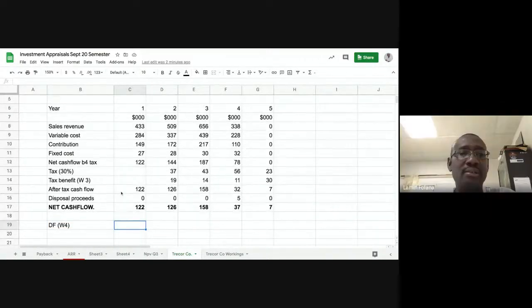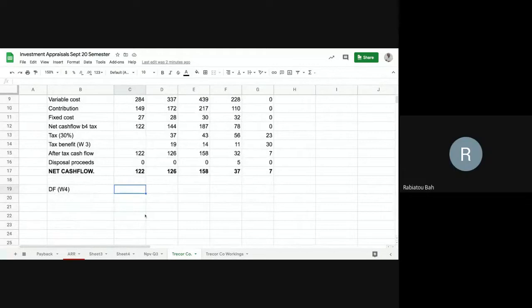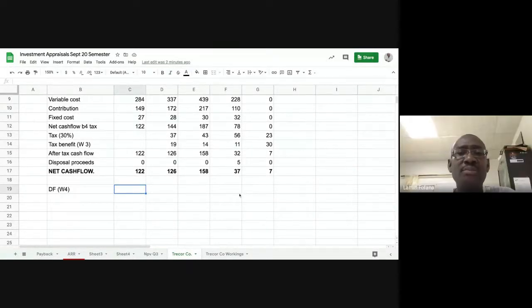So year 1, what will be our formula? Into how many decimal places? 3 decimal places. If you have not been told how many decimal places, always take it to 3 decimal places.